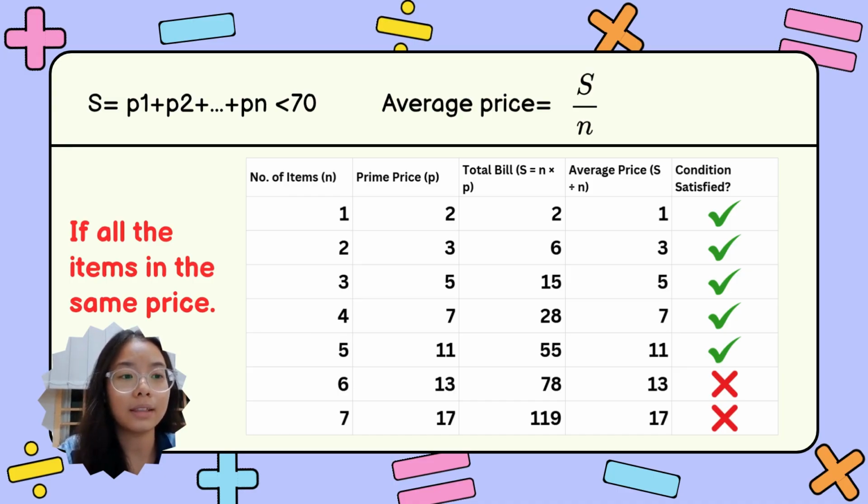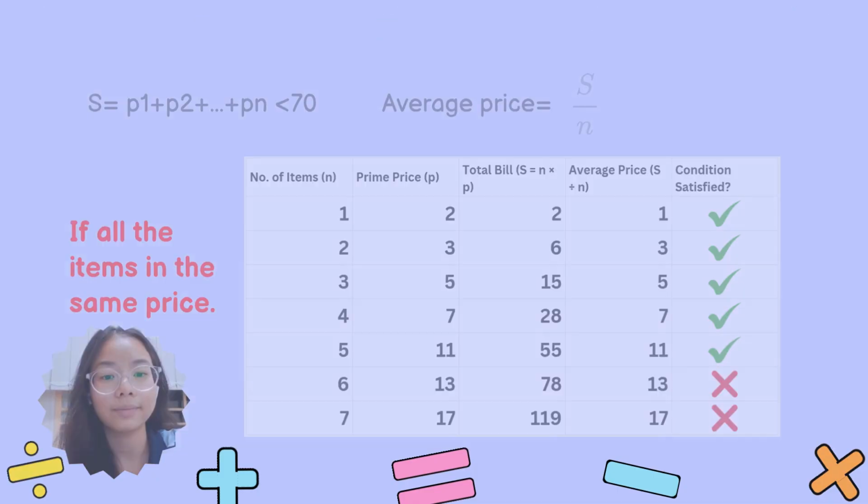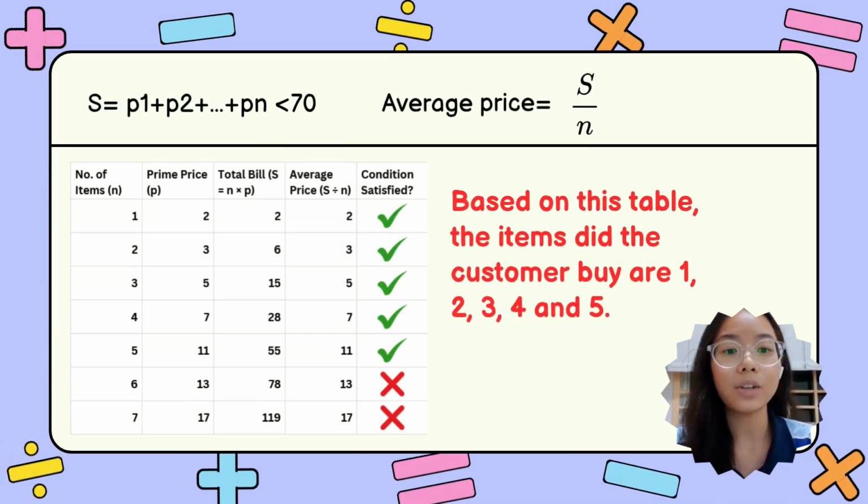Although we get the average price as a whole number, 13, it does not satisfy the total bill being less than 70. So we can stop here, and we observe 1 until 5. Hence, based on this table, the number of items the customer bought is 1, 2, 3, 4, and 5.